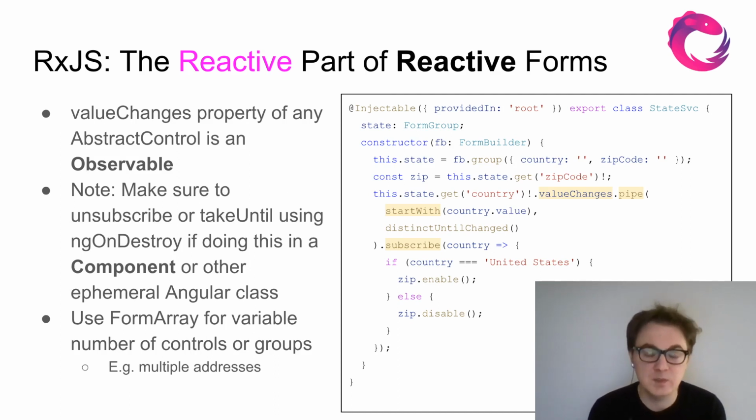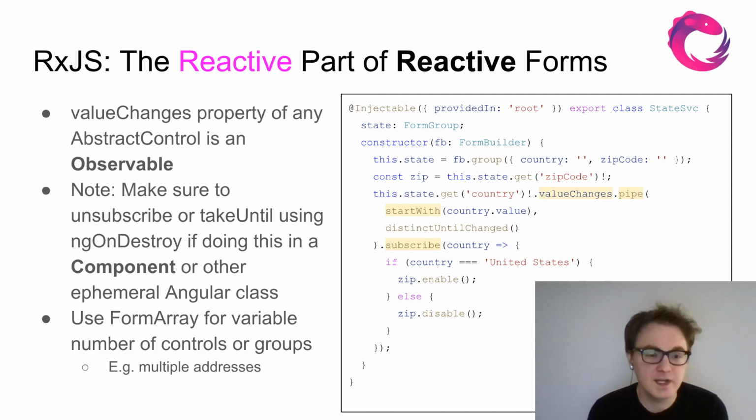If you don't unsubscribe from the observables, even though the component is now garbage collected, the observable is not, because it has a live subscription. And so you want to make sure to unsubscribe so that the garbage collector can do its job and you don't have subscriptions that are just hanging around, potentially doing things that you don't want to do. You might think that your component is gone, but the observables inside of it will still be there.